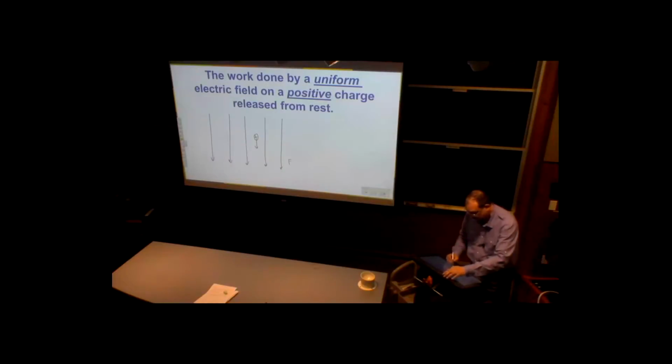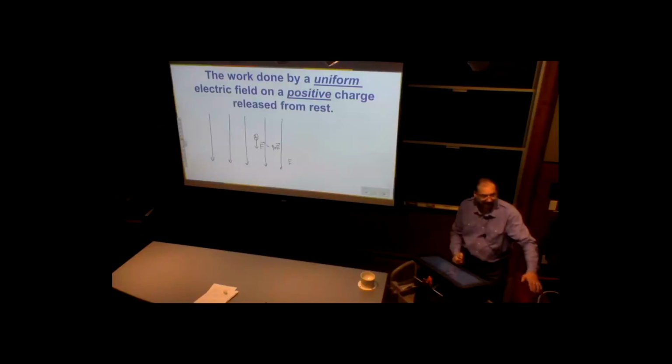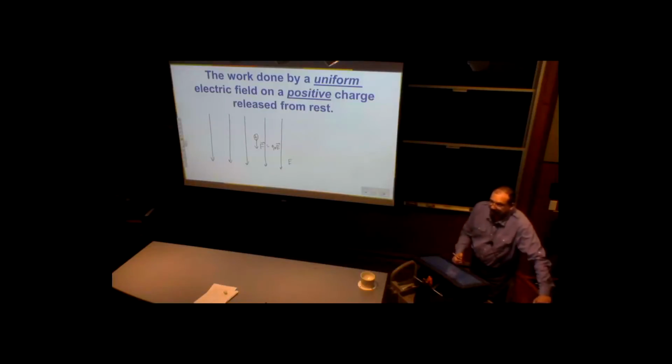So these lines represent electric field, and the electric force acting on this charge is related to the charge and electric field. That is how we know that eventually it reaches a different location.